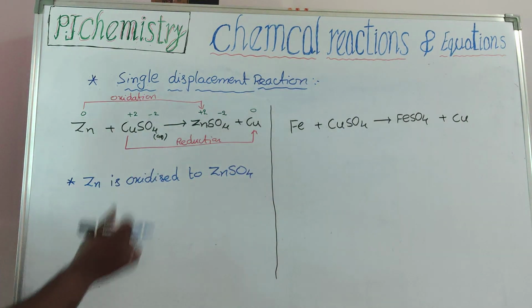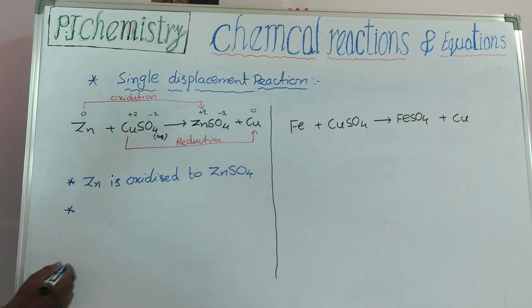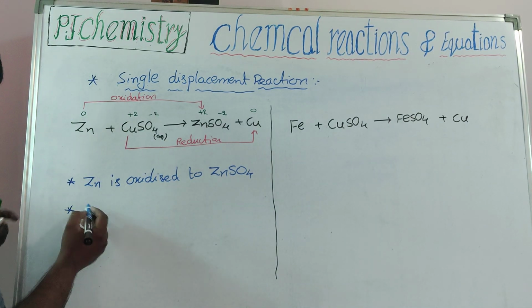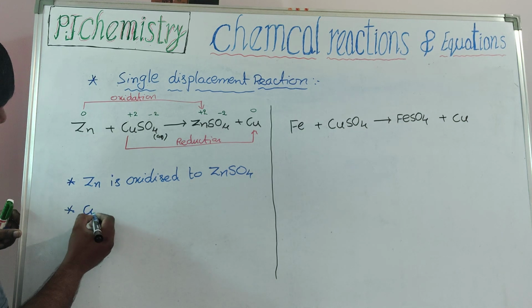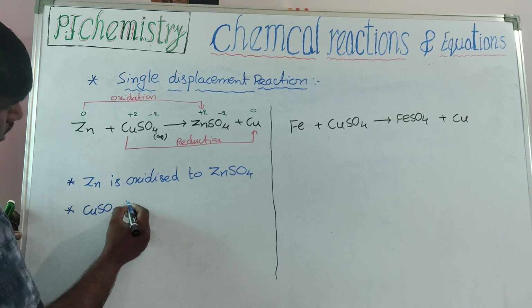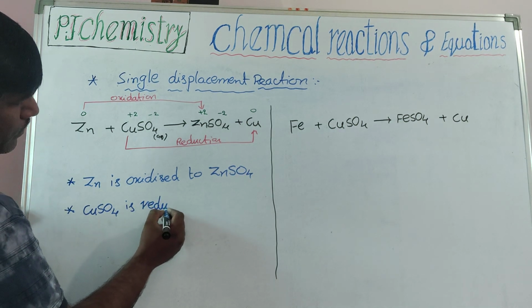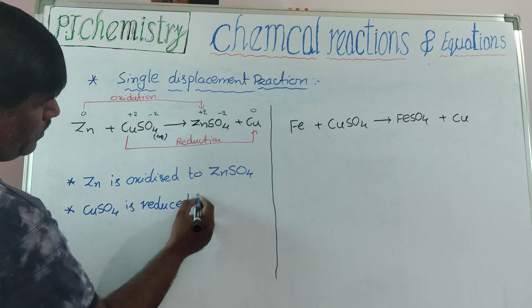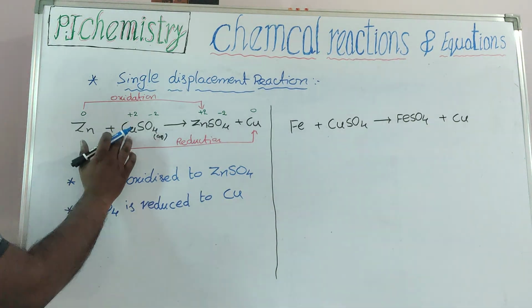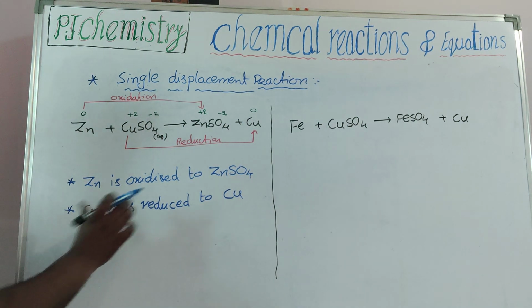Next, which is reduced? Copper in copper sulfate. Copper sulfate is reduced to copper. Copper +2, here copper 0. So it is reduced to copper.